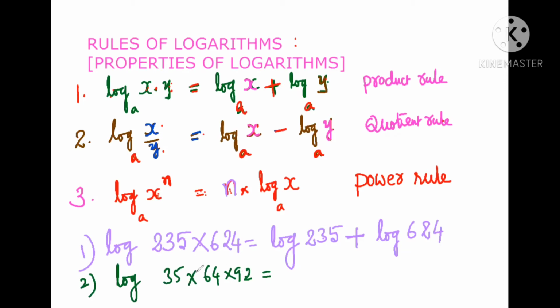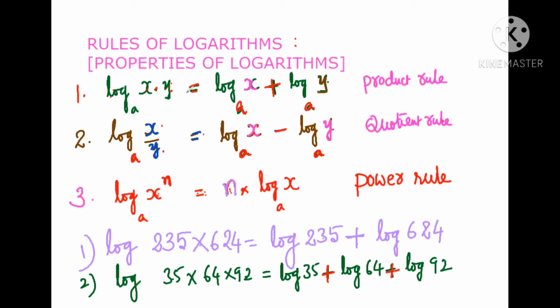The logarithm of the product of three numbers can be written as logarithm of 35 plus logarithm of 64 plus logarithm of 92. So the logarithm of a product can be written as the sum of the logarithms.